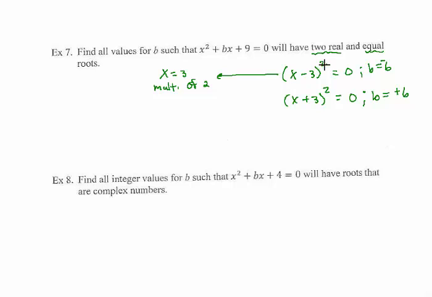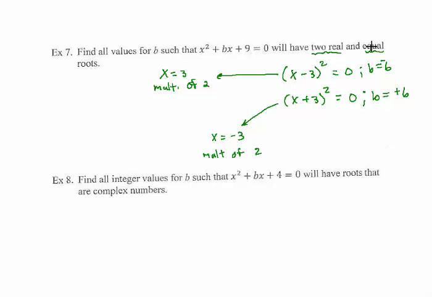Okay, that means that that solution occurs twice because it's squared. And then the other one, we would end up with x equals -3 as a solution, and again it's squared, so we have multiplicity of 2 here. So you could say that there's 2 roots, but they're both -3.